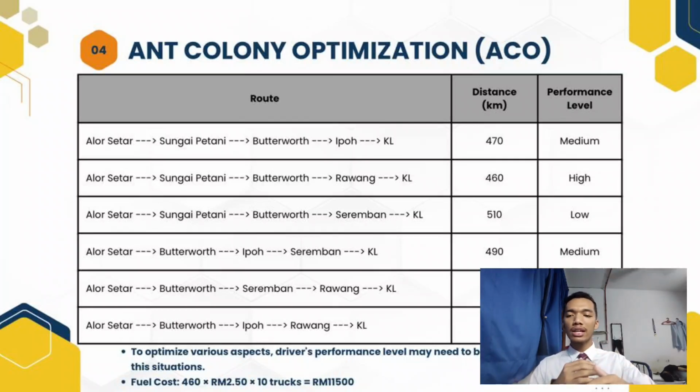Through the iterative process, the road that is 460 km long emerges as optimal. Thus, the fuel cost is calculated as 460 km times RM2.50 per kilometer, times 10 trucks. That is equal to 11,500 ringgit.